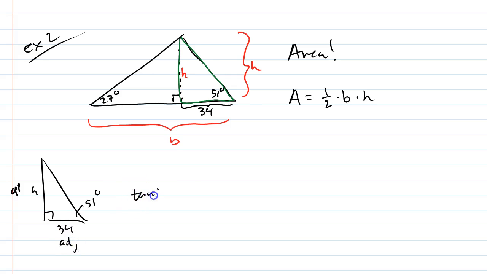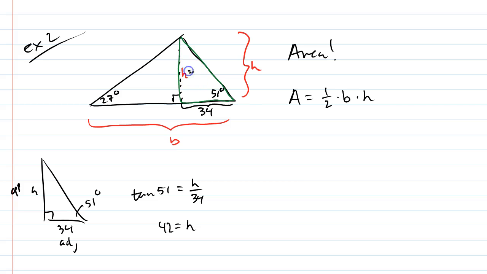So tangent of 51 is the same as opposite over adjacent, h over 34. Now working that all out, I had an answer of 41.986, which really rounds to about 42. So rounding to the tenth, it's 42.0.